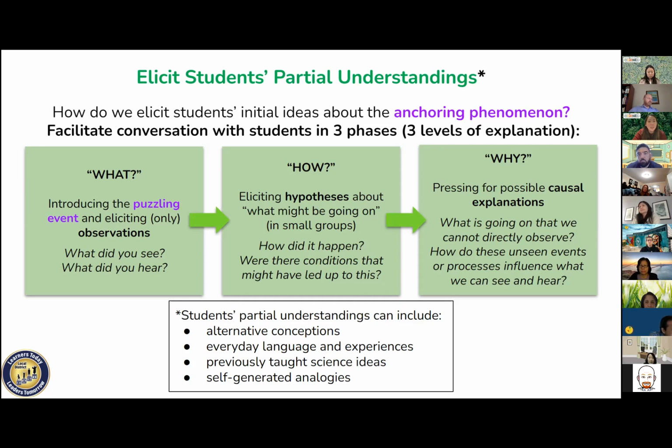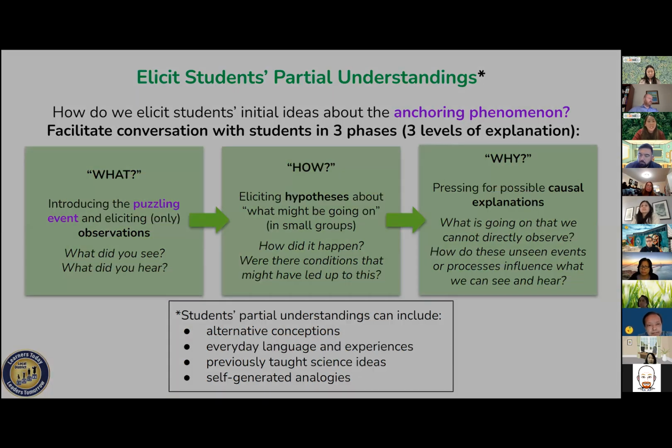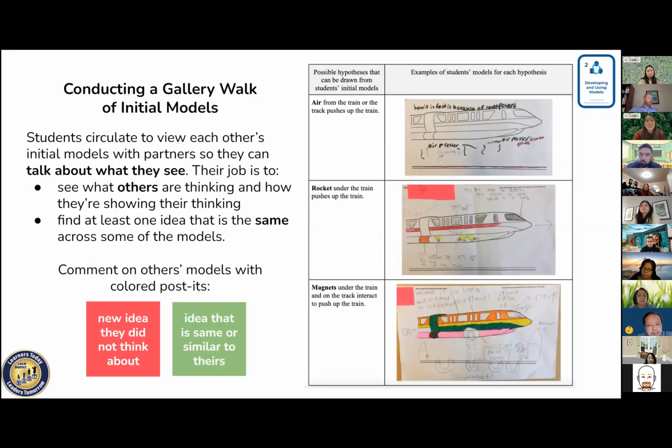Using those three layers, we might even conduct a gallery walk, right? We see some of these initial thinkings on our next slide, and we see, okay, maybe some of our students have similar ways of understanding these initial thoughts. So allow them time to walk around and see. It validates what they're thinking, and it allows them to have the time and the space to understand how their peers are also understanding things.